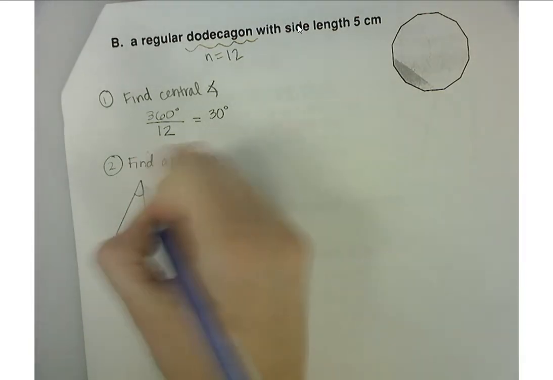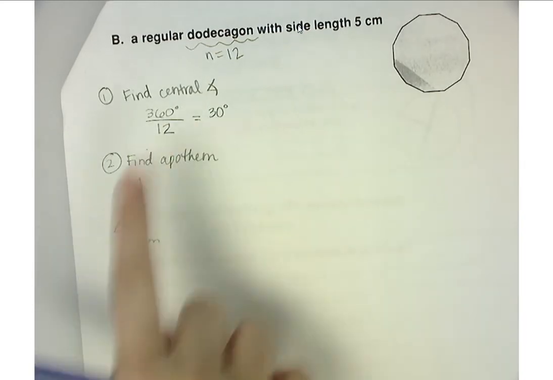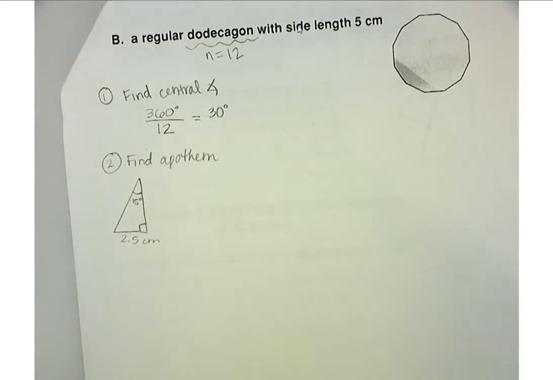Where'd you get that from? It's going to be half of your central angle. Now this is your apothem. So we are going to set up our equation to find what that is. What are we going to use, sine, cosine, or tangent? We're going to use the tangent.